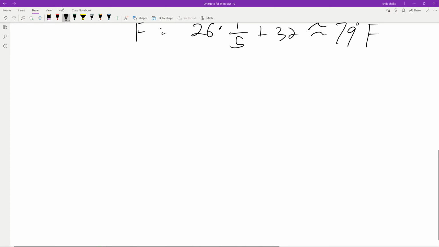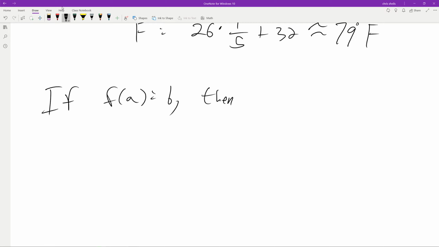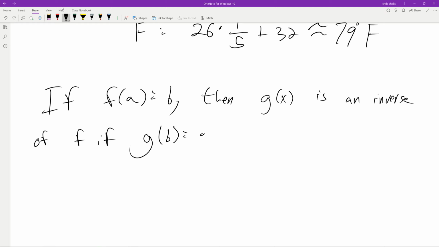The definition of inverse function is if f of a is equal to b, then g of x is an inverse of f if g of b is equal to a.